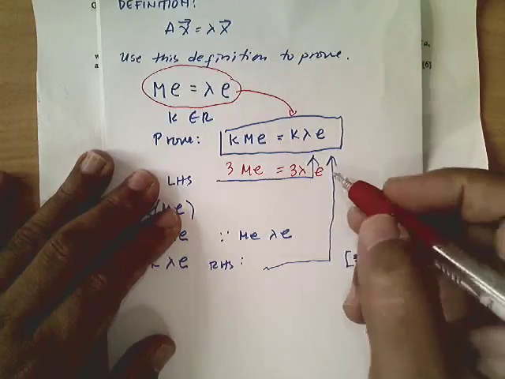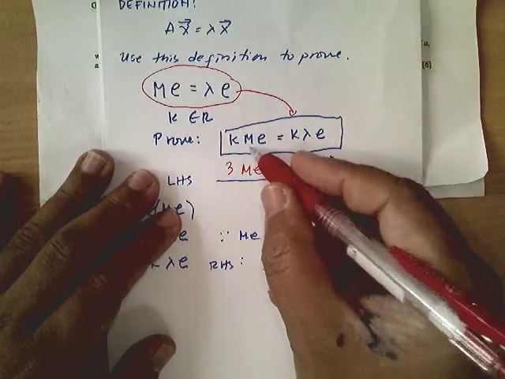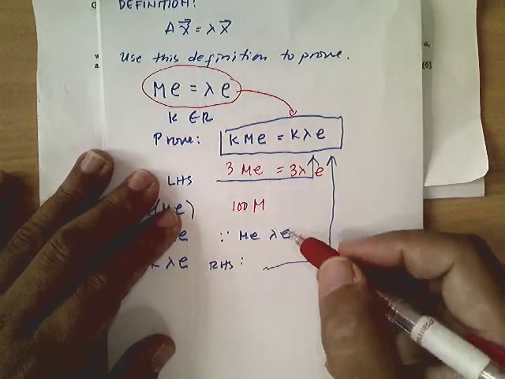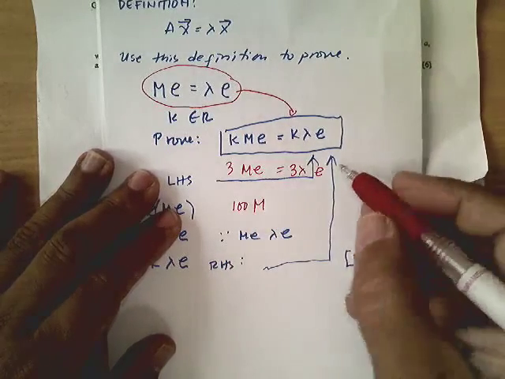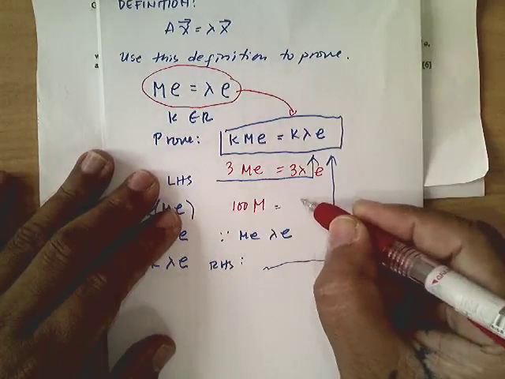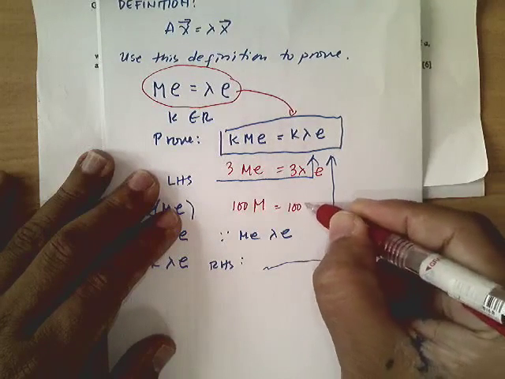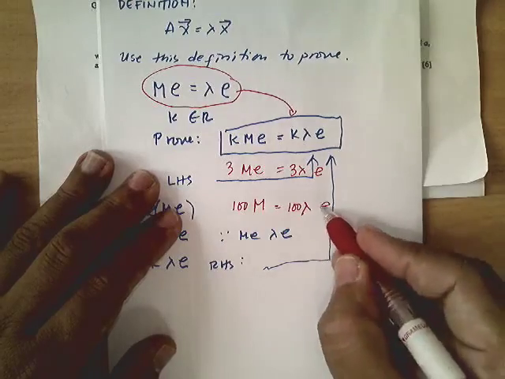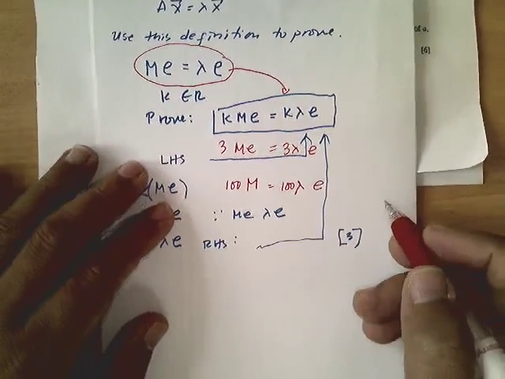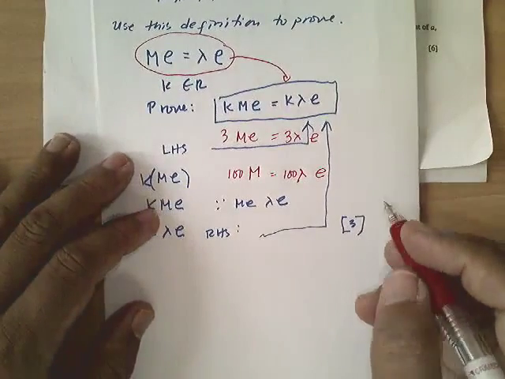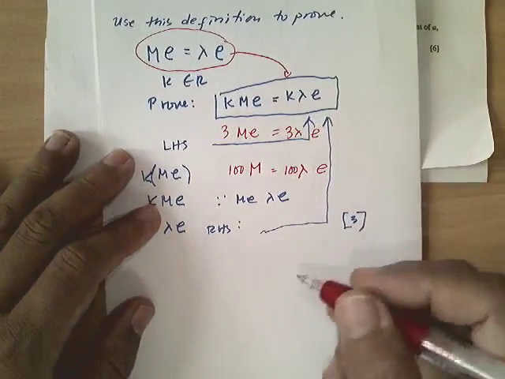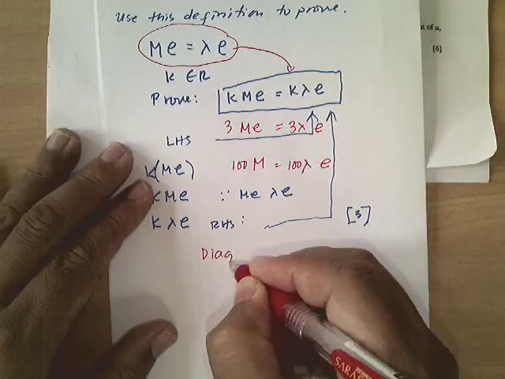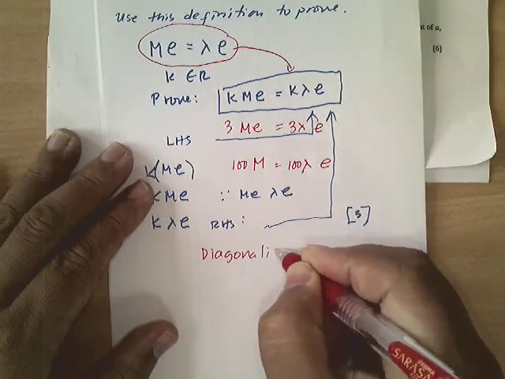Even if you multiply the matrix by 100M, the eigenvector will not change. Only the eigenvalue will change, but the eigenvector will never change. This phenomenon is very important as you go on to the next topic, which is all about diagonalization.